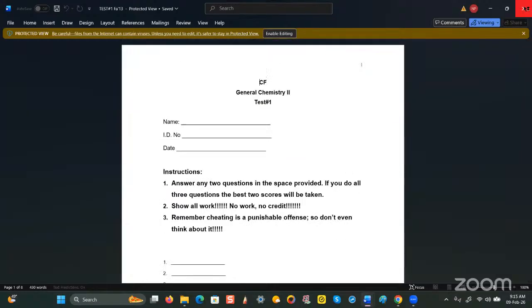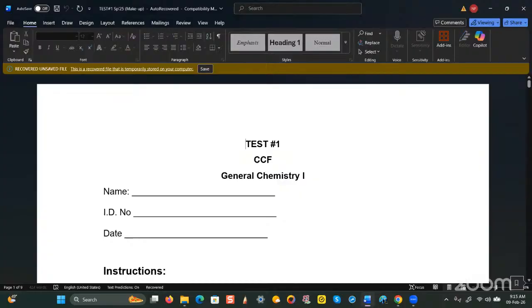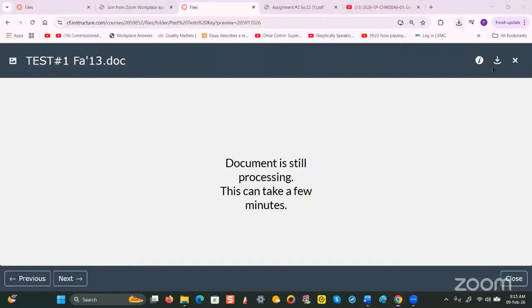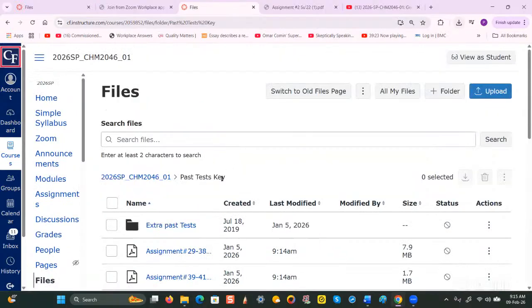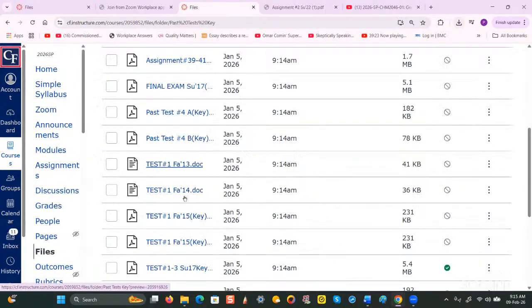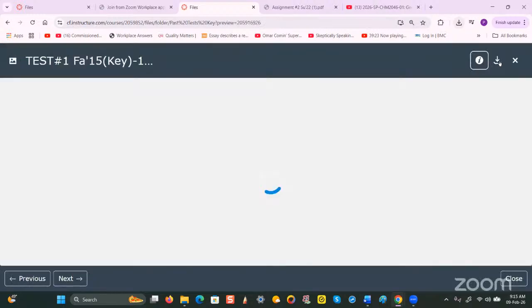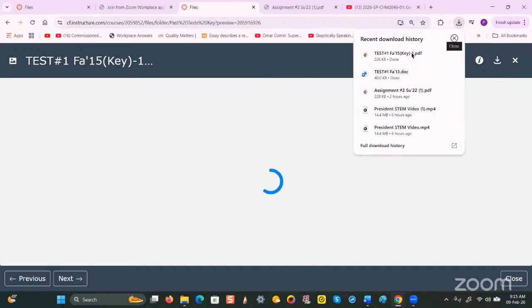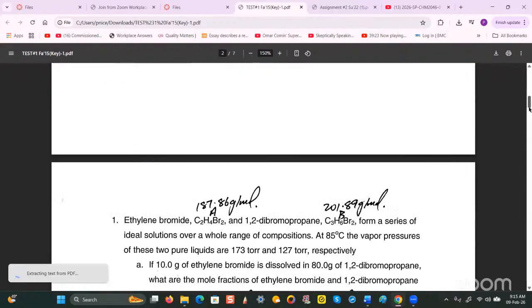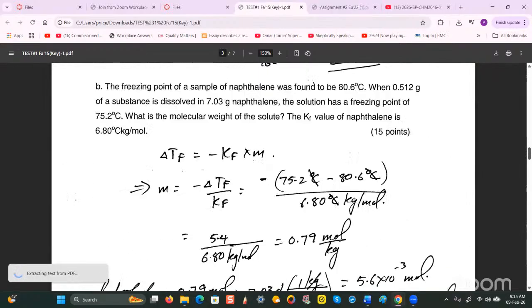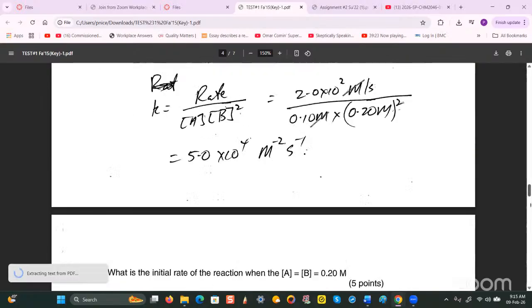Okay, that's not a key. Okay, hold on 1 minute. Let me try this one here. Okay, so this here. Okay, so I'm going to publish this one here. This is a past test key.